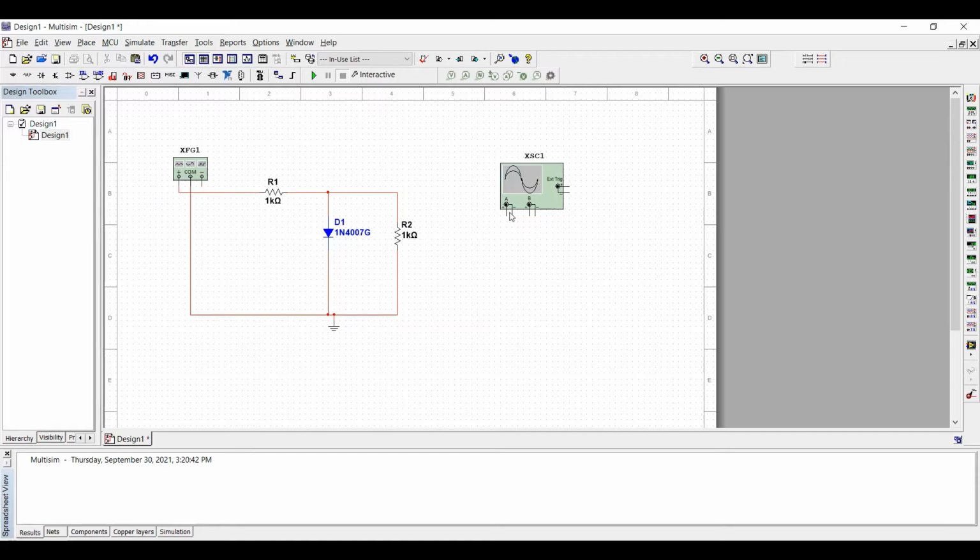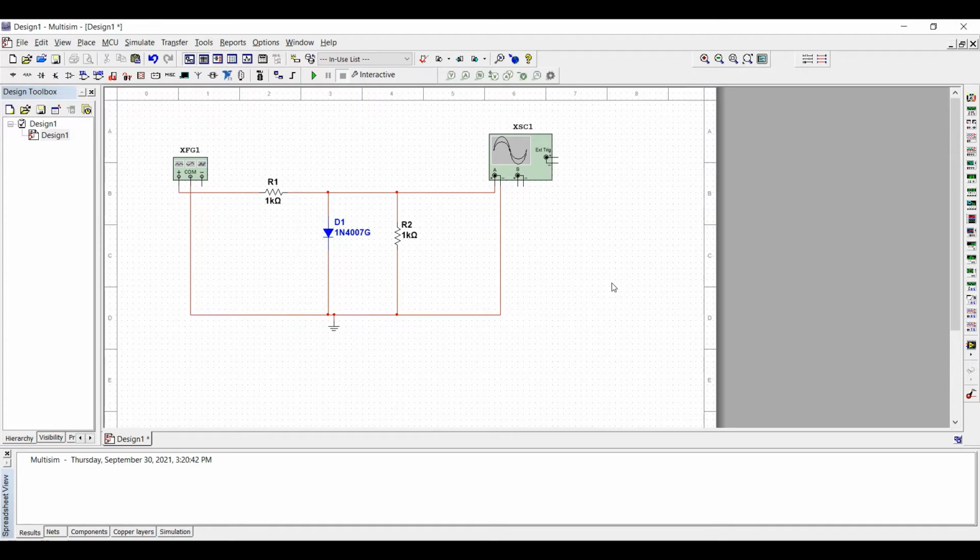Now you need to see the output. As I told you, output is seen on the CRO. So connect one channel of CRO to the output, which is across resistance R2, and the negative of that to ground. Since this is a clipper circuit, to see its effect, we also will be connecting the input.